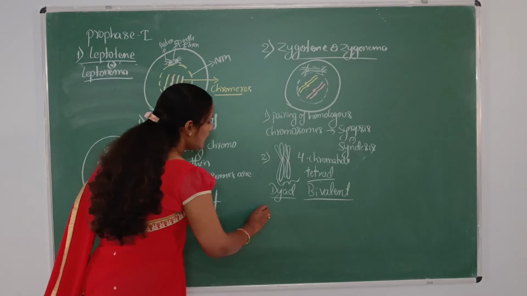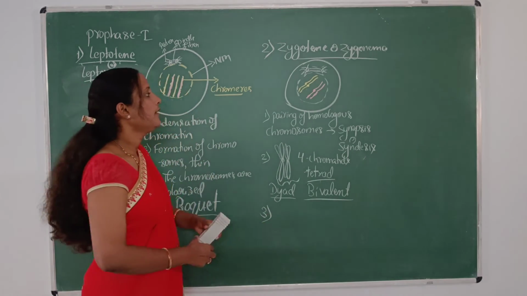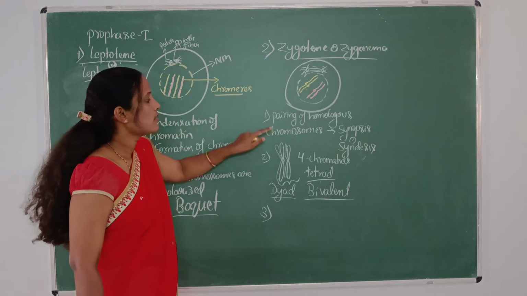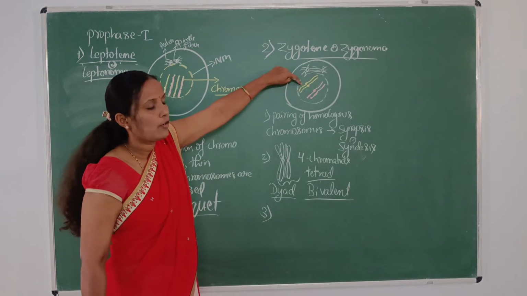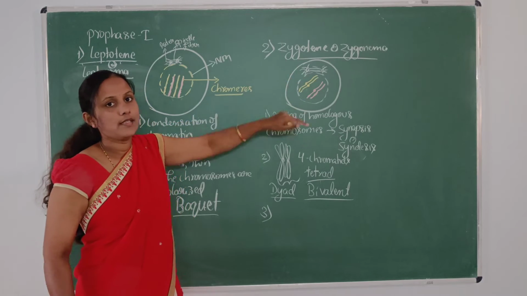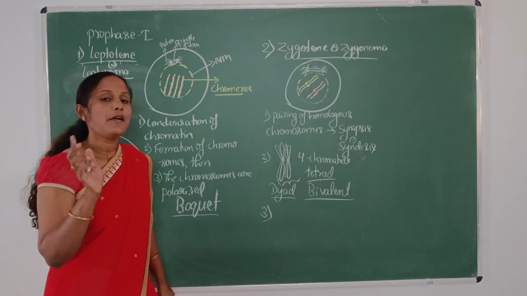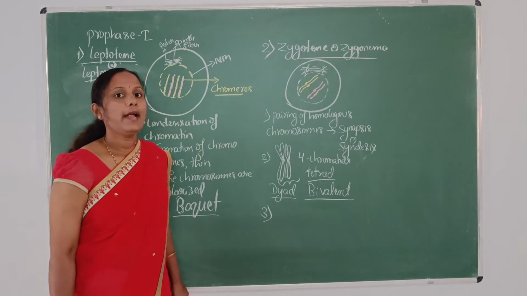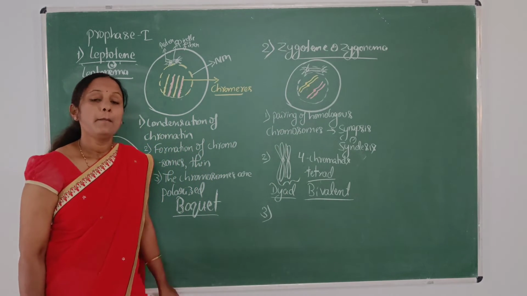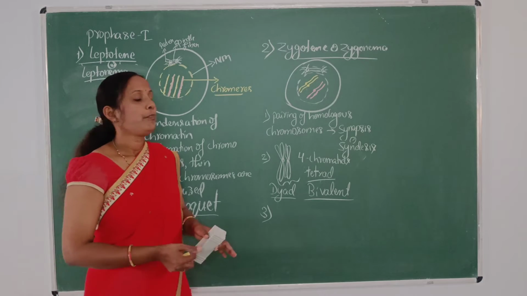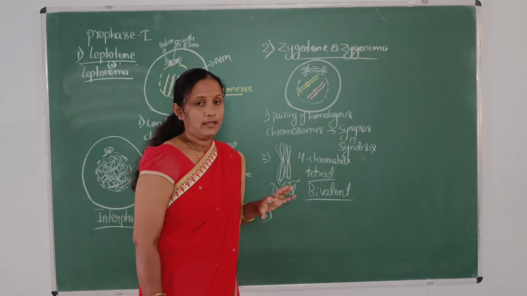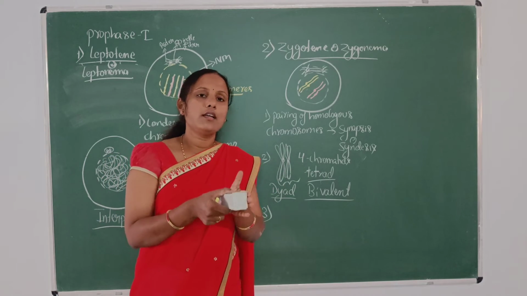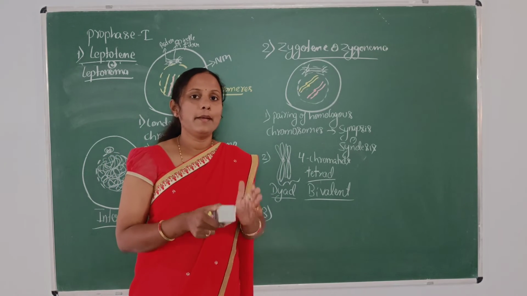And here in the homologous pair of chromosomes, there is presence of two chromosomes, and I already told one of the chromosomes is paternal and the other chromosome is maternal, and they will come together for a purpose. They simply do not come together and stay there.